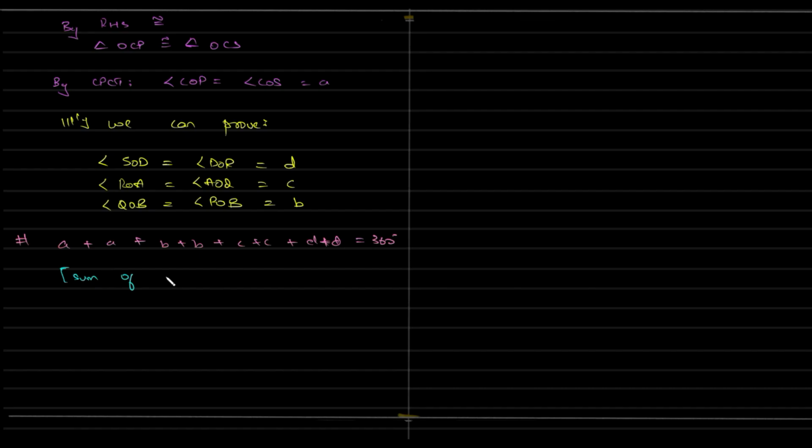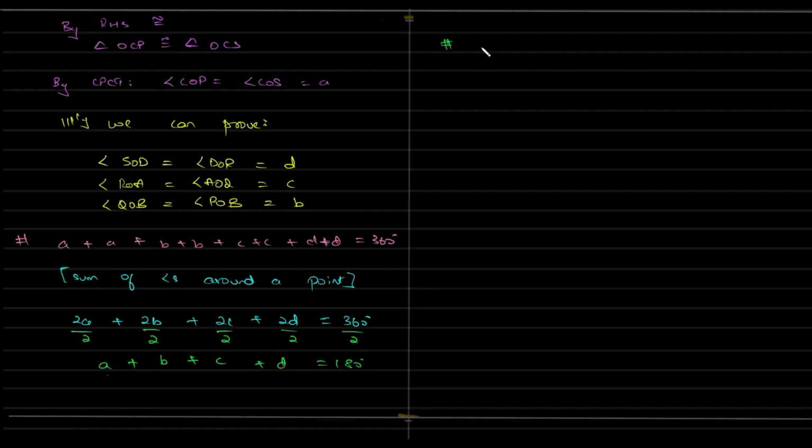Sum of angles around a point. So 2A plus 2B plus 2C plus 2D is equal to 360 degrees. Dividing by 2, A plus B plus C plus D is equal to 180 degrees.